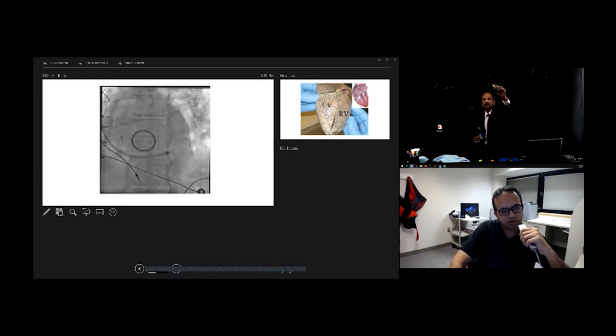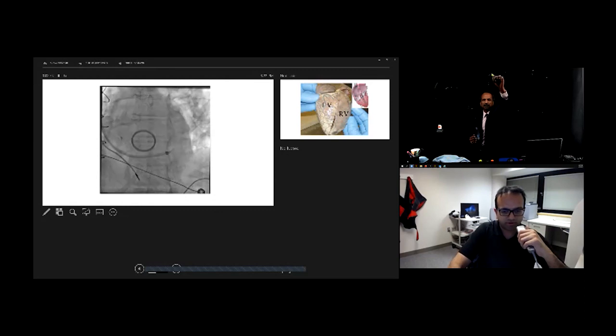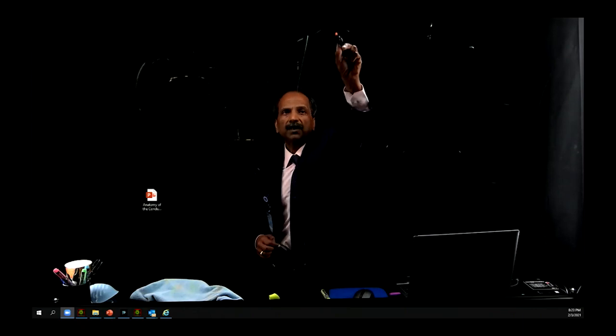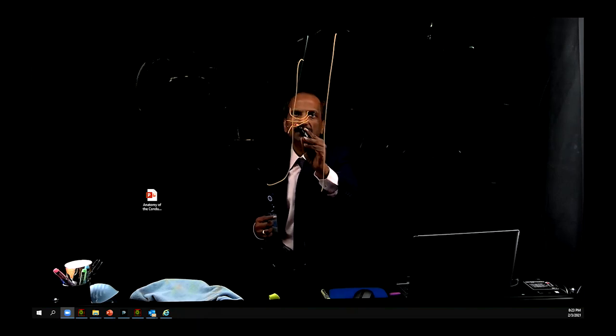Yeah, so maybe I'll just draw a quick figure here for those definitions. What we mean by Thebesian veins is myocardial veins that drain directly into the cavity. So they're not actually draining into some epicardial venous system, but they're going straight into the cavity.